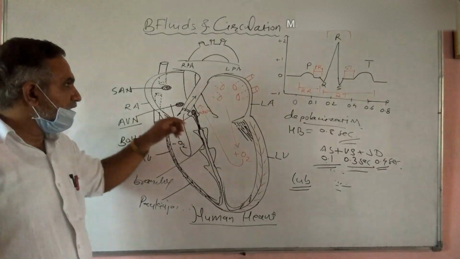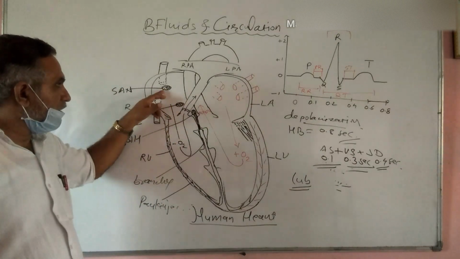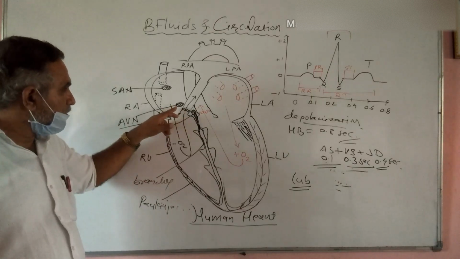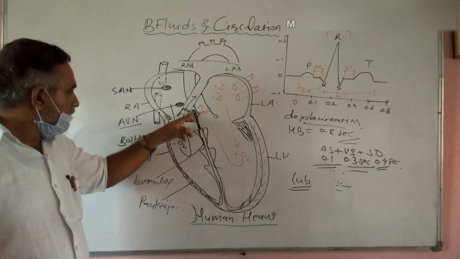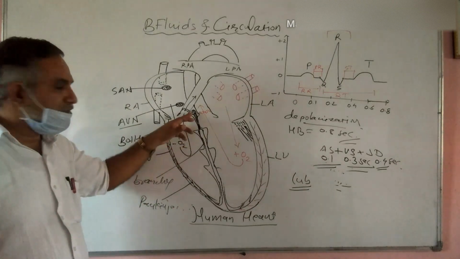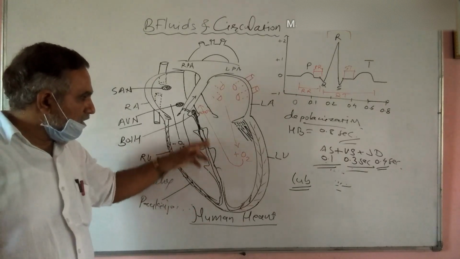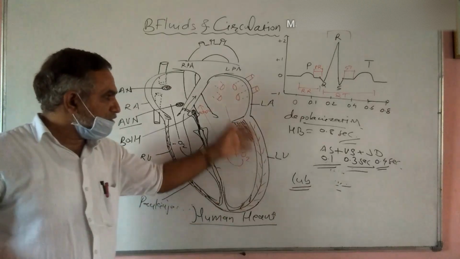Then from the wall of the atria, the internodal pathway is there. So the impulses can be transmitted from the sinoatrial node to the atrioventricular node. From the atrioventricular node, impulses are transmitted to the bundle of His. From the bundle of His, they can pass across the bundle branches, and then through the Purkinje fibers.